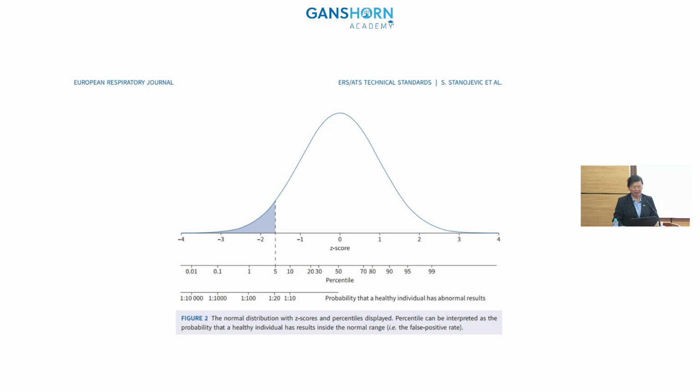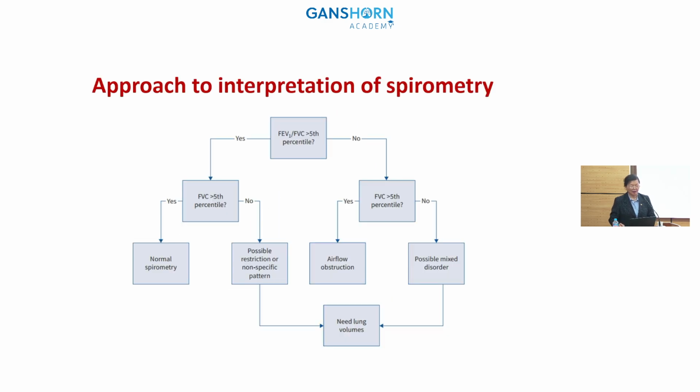It is the lower limit of normal of 5%. It means that 5% of normal persons will be diagnosed as abnormal, but we have to accept it because we could not go all the way to find zero normal persons.